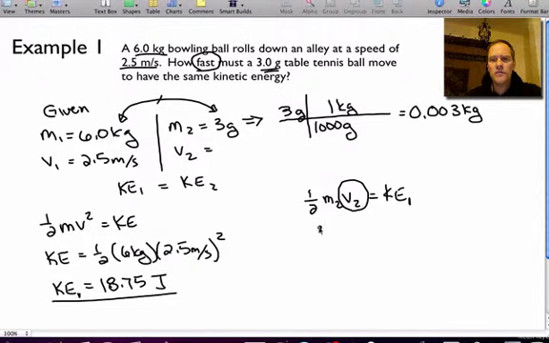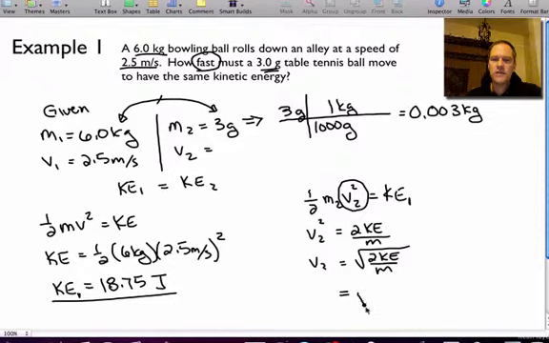So I'm going to multiply through by 2 and divide by m. So we end up with v2 squared is equal to 2 times the kinetic energy, all divided by the mass. Don't forget that's squared. So to get rid of a square, we have to take the square root. So v2 is equal to the square root of 2KE over m.